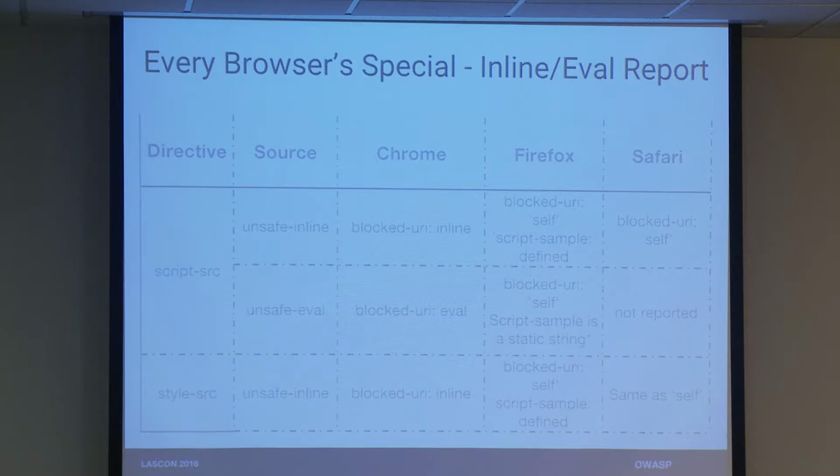And you have to look at the script sample, as we'll see in the next slide, to determine if it was actually an eval violation or an inline script violation. And in Safari, it'll report as self for unsafe inline, and don't worry about eval because it doesn't actually report that. So you can safely assume that it's unsafe inline at that point. Hopefully, they're all moving towards the Chrome standard soon.